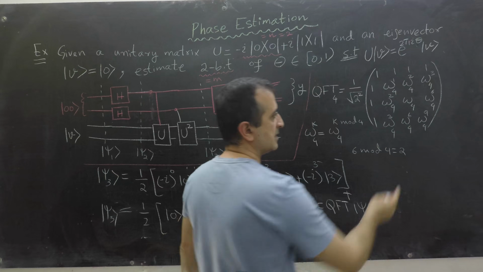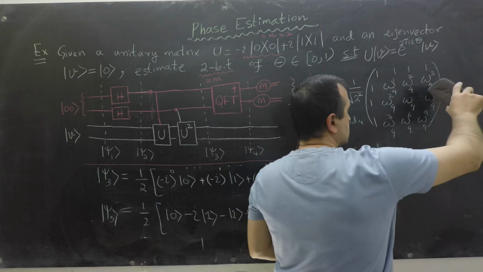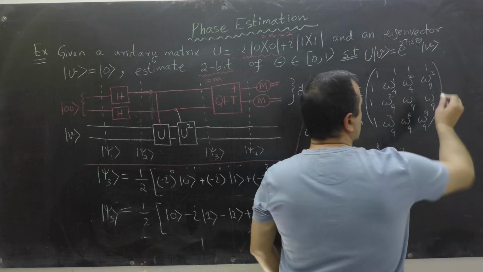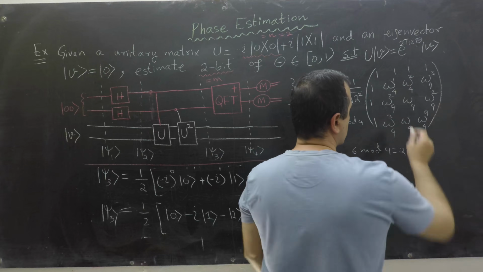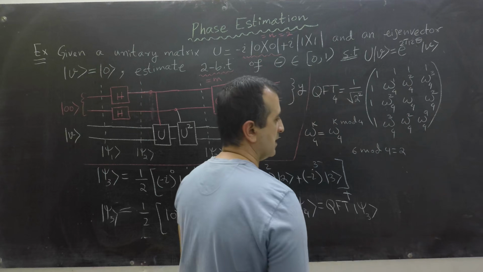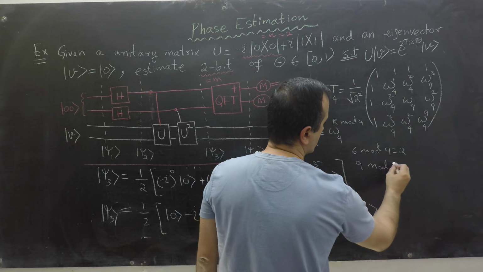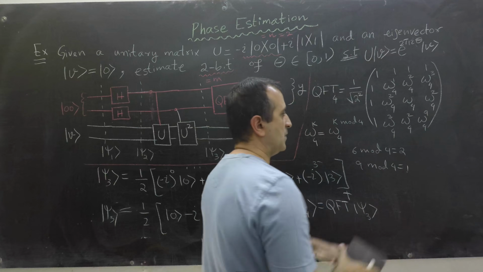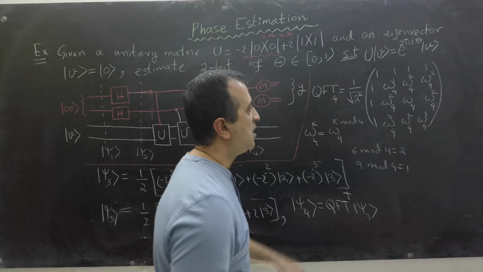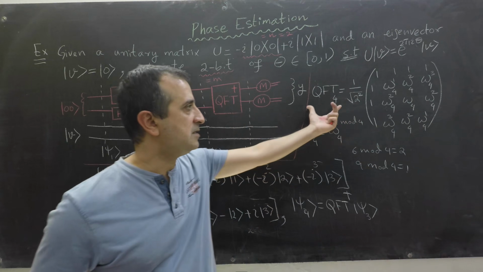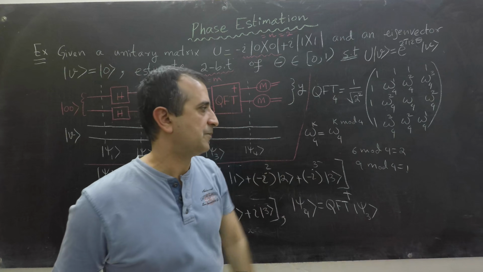Therefore, I can replace this 6 and this 6 by 2. And lastly, 9 mod 4 is equal to 1, so I replace this 9 by 1. So now I have my quantum Fourier transformation matrix, which is simplified also.